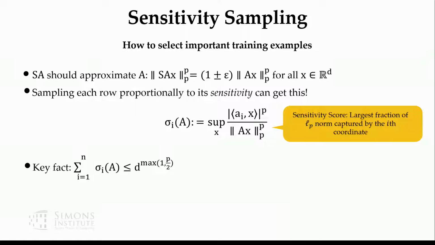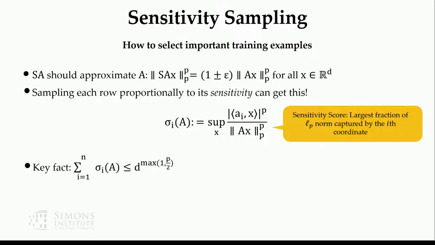There are nice properties about sensitivities. So the sum of the sensitivities is not too large in the sense that it doesn't depend on n. If p is less than or equal to 2, the sum is at most d. And for p larger than 2, it's at most d^(p/2).